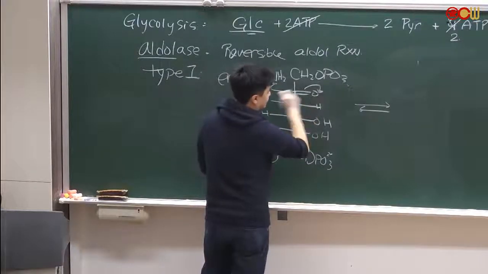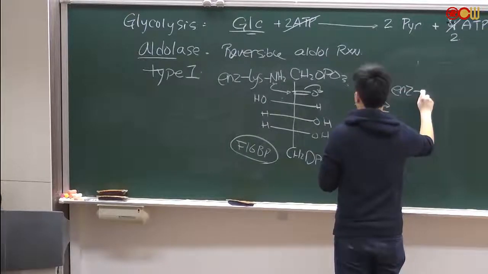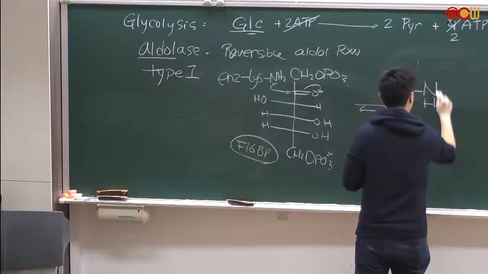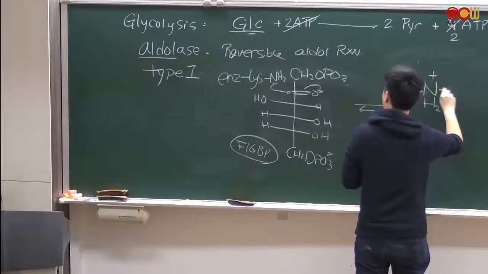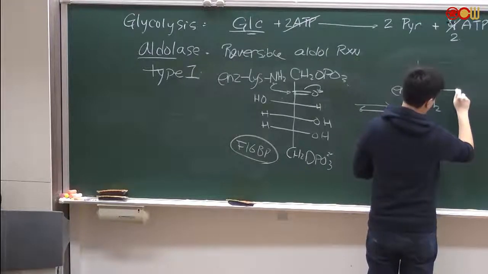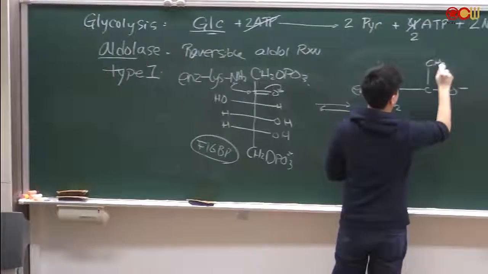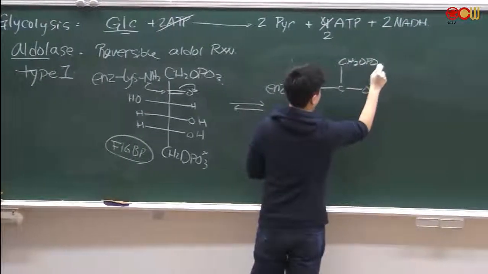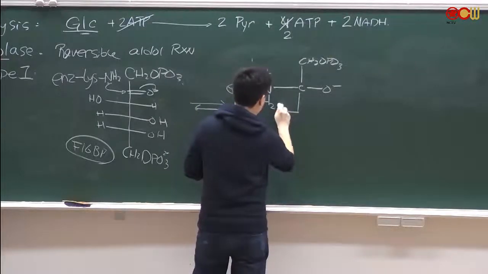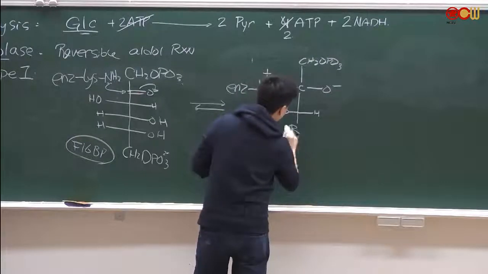This guy goes up, and you will temporarily form this thing. This is carbon, O minus, CH2OPO3, and down here, OH, like that. For now, I'll just say the rest is R.